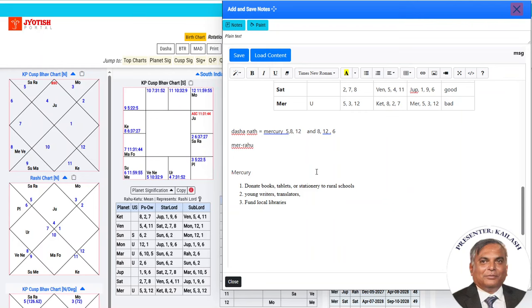Suppose this gentleman is going through Mercury Rahu, so he can do Mercury related donation and seva. When I use the word seva, I mean volunteering. Sometimes people don't have money, or sometimes they don't want to make a lesser amount donation that might hurt their prestige. So in that case they can do some volunteering.